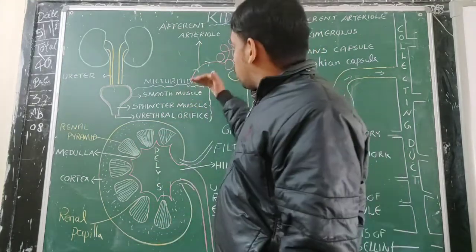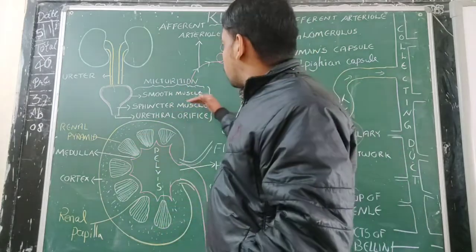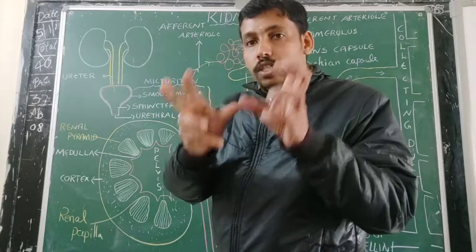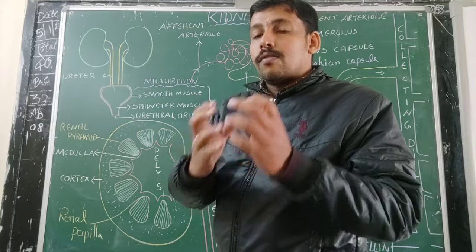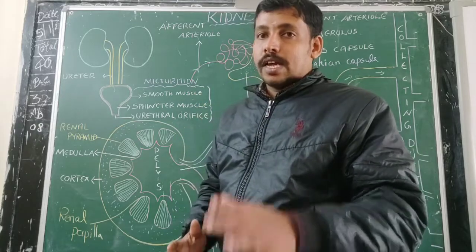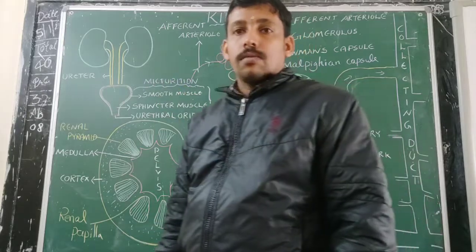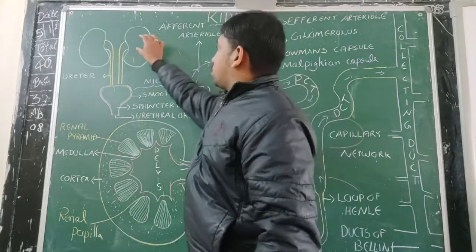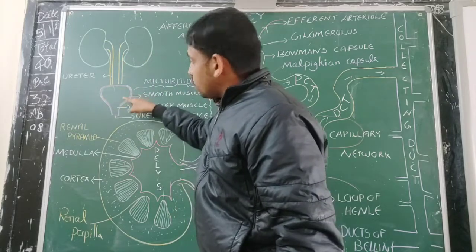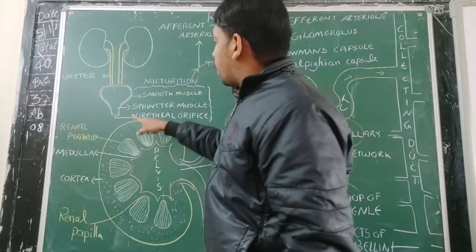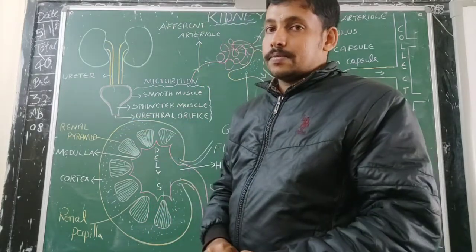The contraction of the smooth muscle and the relaxation of the sphincter muscles are responsible for the discharge of urine from the body, and that discharge of urine is known as micturition. So there are four parts: a pair of kidneys, a pair of ureters, a urinary bladder, and the urethral orifice, that means the external opening.